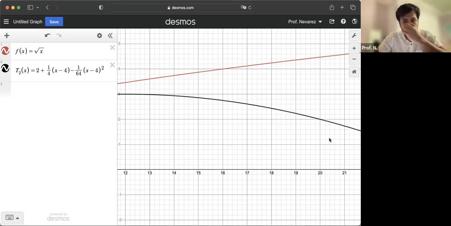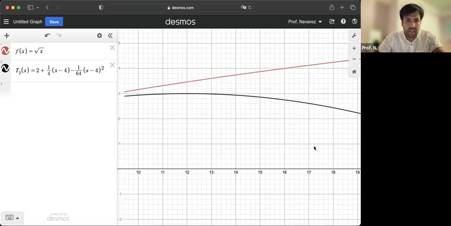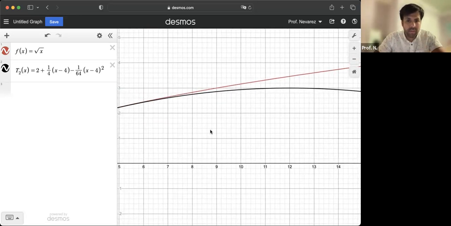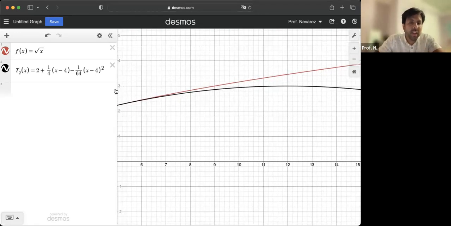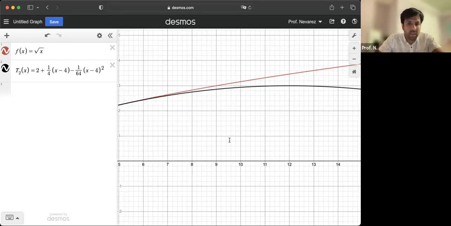So for values beyond 7 or even 6, the Taylor approximation isn't that great. So that's why we would extend it and have more terms of the polynomial to better approximate our graph. So that's what we're considering.